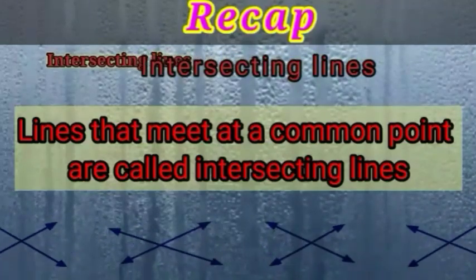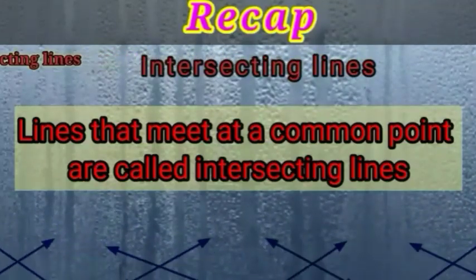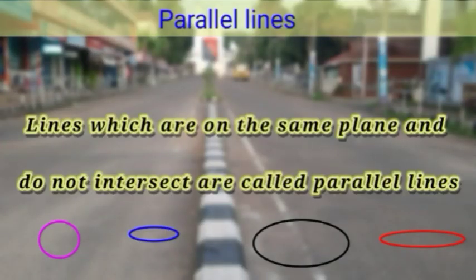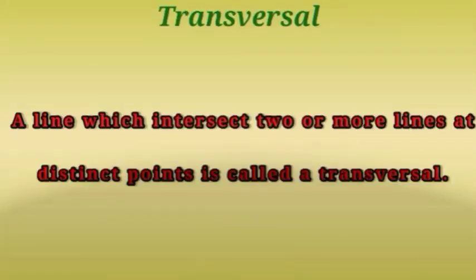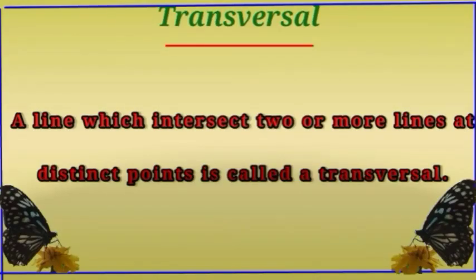Lines that meet at a common point are called intersecting lines. Parallel lines: lines which are on the same plane and do not intersect are called parallel lines. Transversal: a line which intersects two or more lines at distinct points is called a transversal.